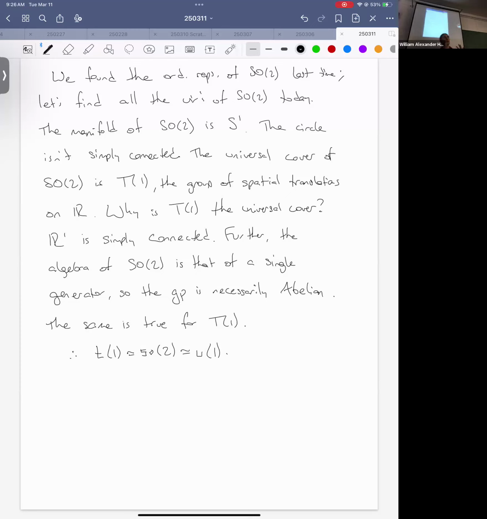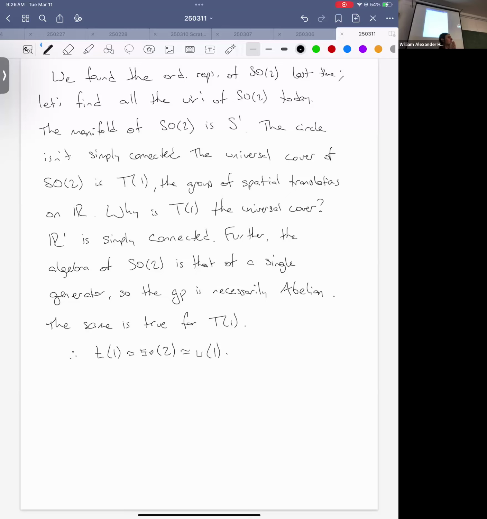So the simply connectedness, let me take a step back. Remember that we're always considering Lie groups. So we have not only a group structure, but also a differentiable manifold structure, so that we can talk about things like continuity, things like calculus. And so if I heard your question correctly, which was, why does R1 being simply connected mean that T1 is simply connected? It means that when I talk about the simply connectedness of the group, I'm asking about the differentiable manifold nature of the group.